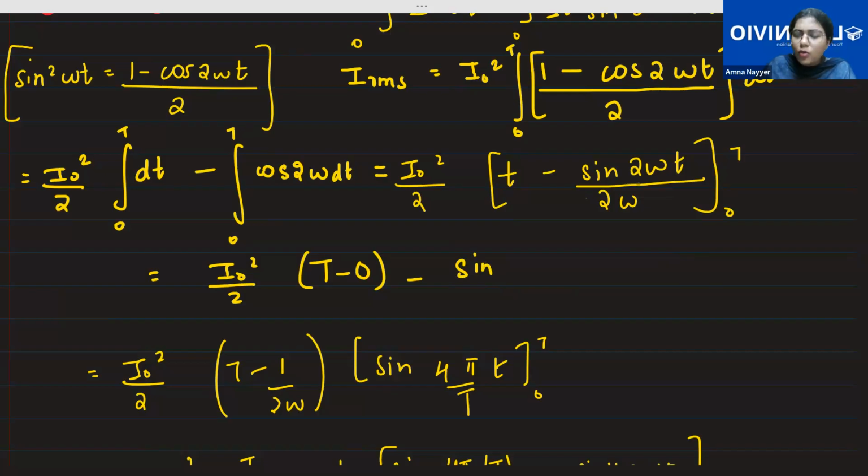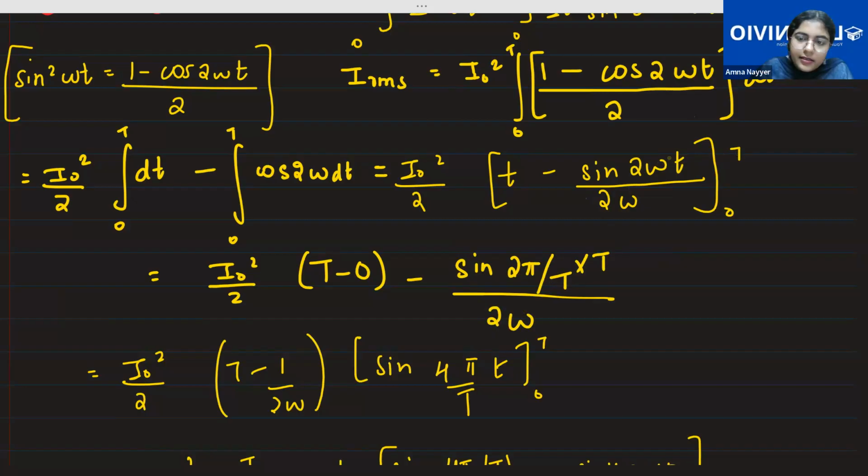Now let's write the value of omega as 2 pi by t. Let's write this as 2 omega only: sine 2, this omega I have written as 2 pi by t. And like we did in average value, I have put the upper limit as t. Got it?